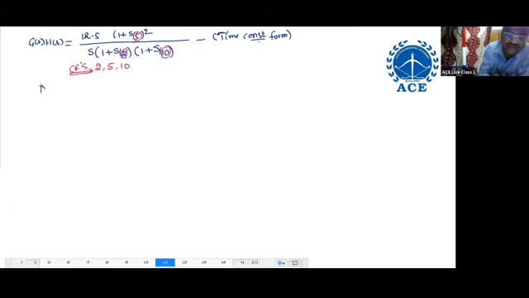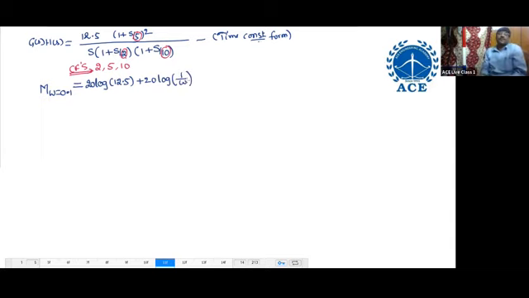For example, I am following one decade below the first lower corner frequency. That means I'll calculate the magnitude at 0.1. Below that, it is equal to 20 log K. What is K here? 12.5. 20 log K plus 20 log of the magnitude of poles and zeros at origin. How many poles? Only one pole, that means 1 by omega.